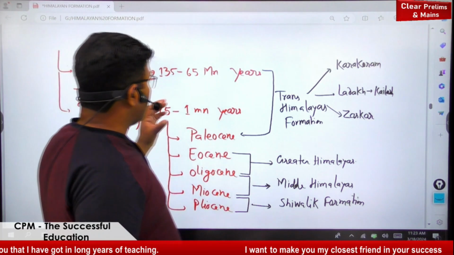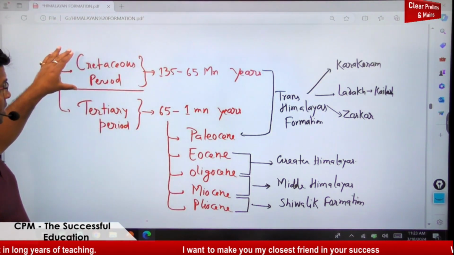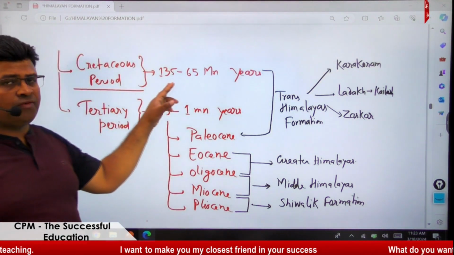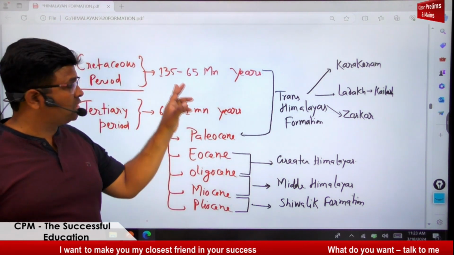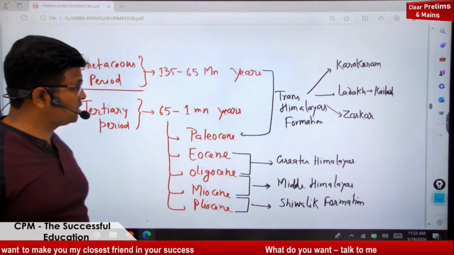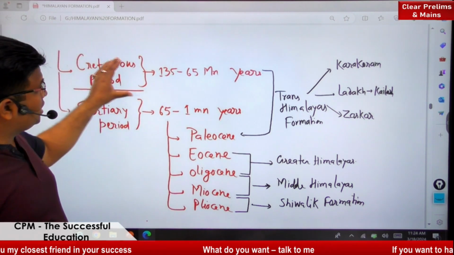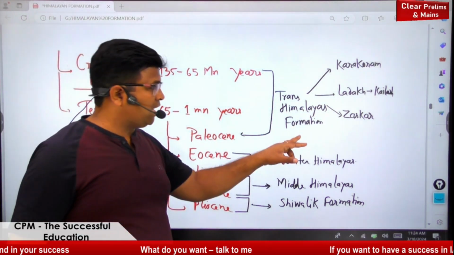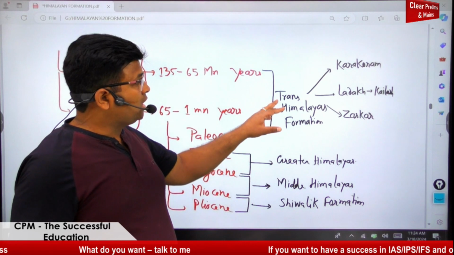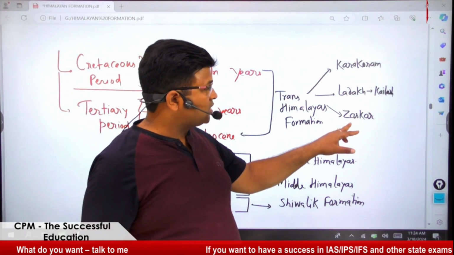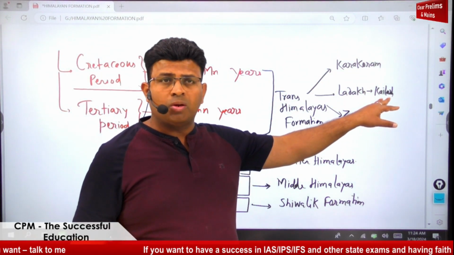One time is known as the Cretaceous period, from 135 to around 65 million years ago. During that period the Trans-Himalaya was formed: the Karakoram, Ladakh and Zaskar, and the continuation of Ladakh in Tibet, known as the Kailash Range.